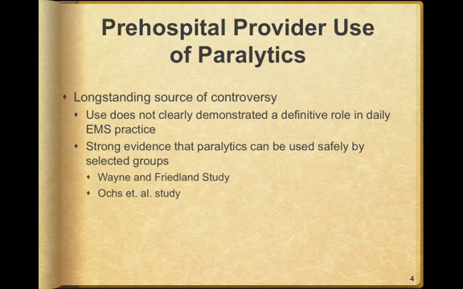Now, strong evidence that paralytics can be used safely by selected groups, and there's 2 studies on this. The Wayne and Friedland study showed a 95.5% successful intubation, and the unrecognized esophageal intubations during the time frame of this study was only 0.3%.